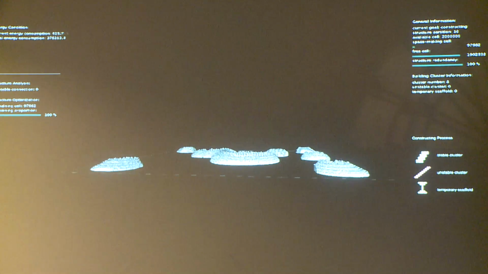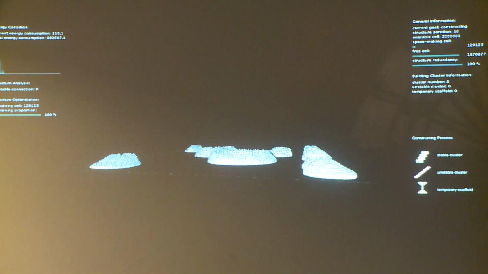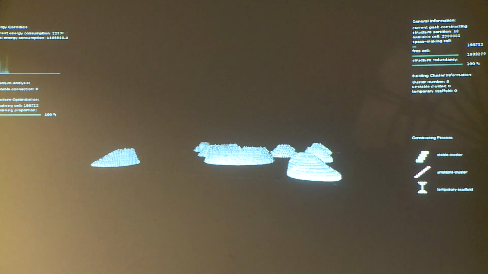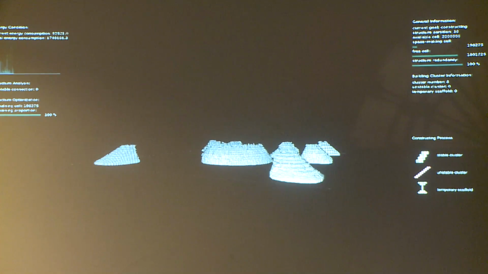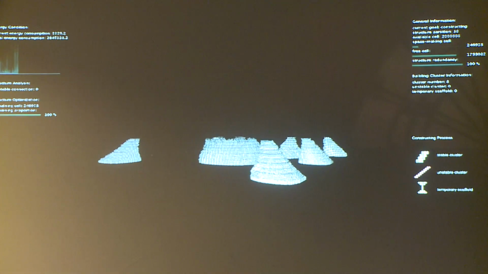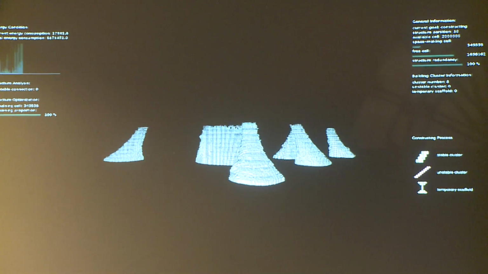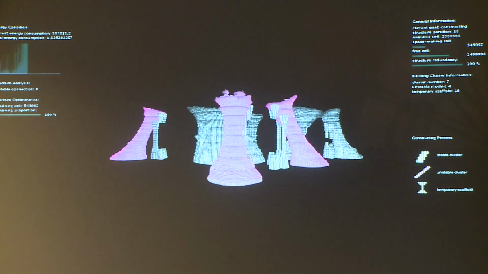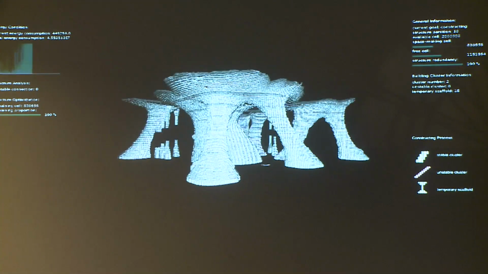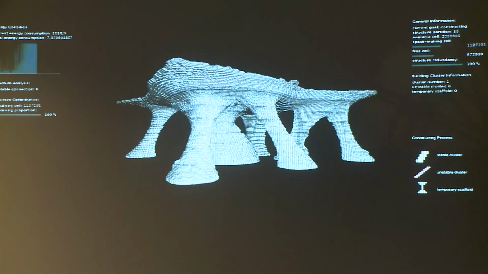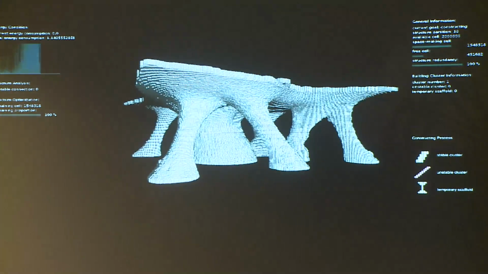This is the simulation that shows a reconfigurable space-making process. We think it's not just a one-way build-up process. While it's growing up, it's aware of the stability of itself, and temporary scaffold will be created to support the structure.